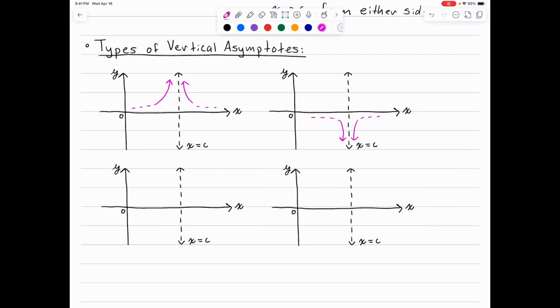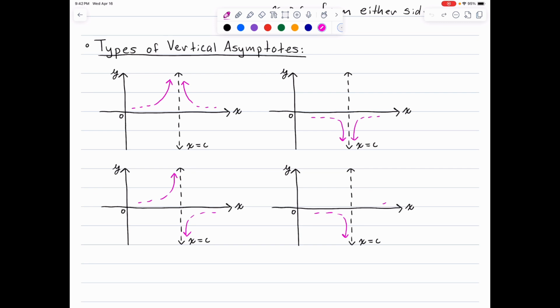So another one is that you could have it go this way, and then have the other one go this way. So you can go towards infinity from the left and towards negative infinity from the right, or you could go like this, where this one goes down, but this one over here goes up.